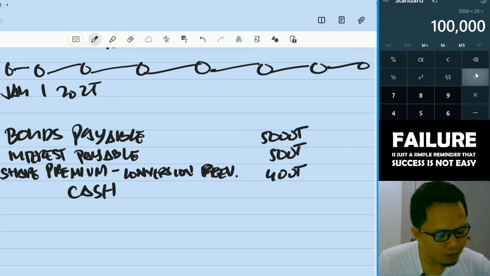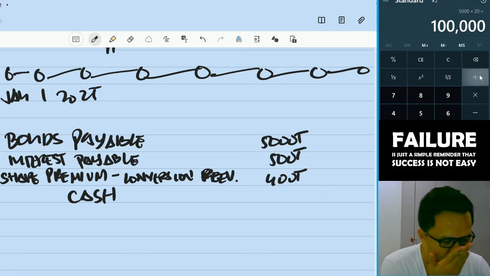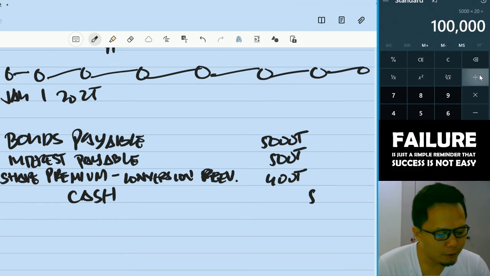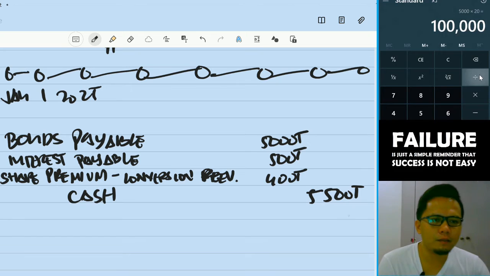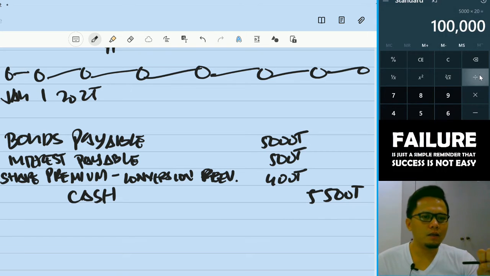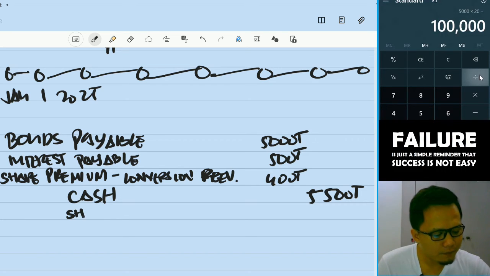Because there is no conversion, we go straight to cash, payment of bonds payable. So, how much is the payment? 5,500,000. The carrying amount, which is equivalent to the face amount on the date of maturity, 5 million, plus the accrued interest of 500,000, so 5,500,000.